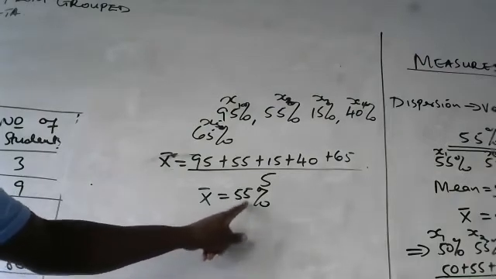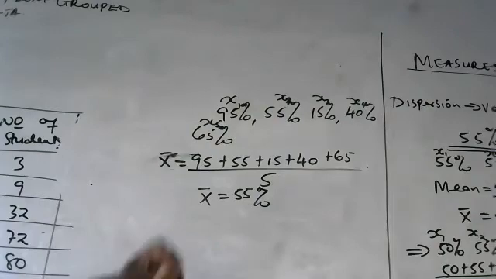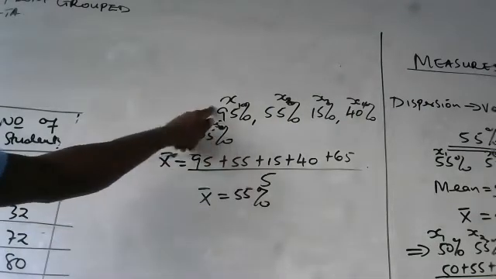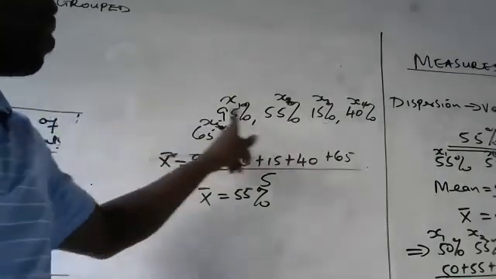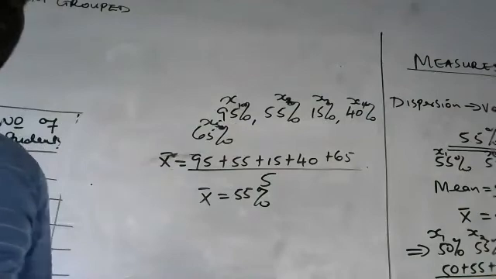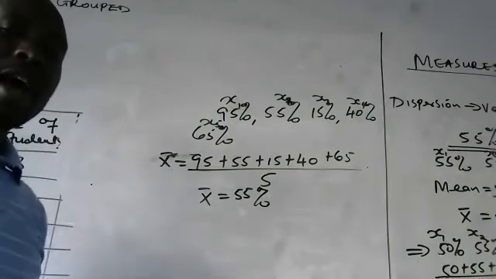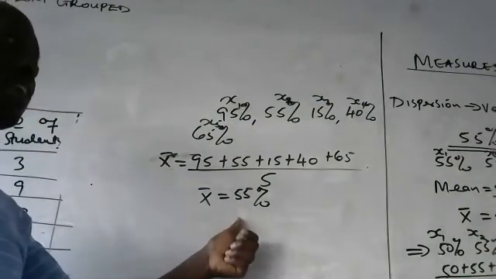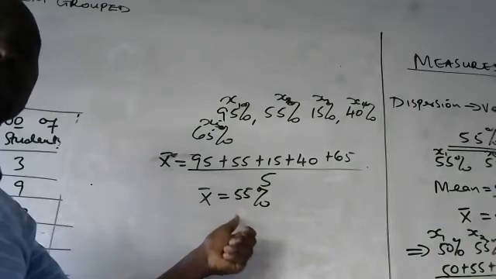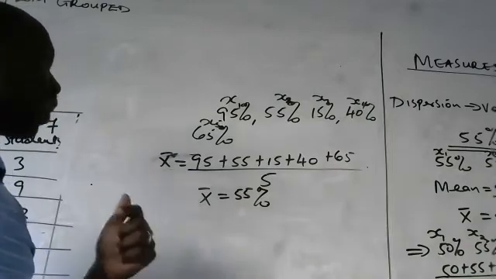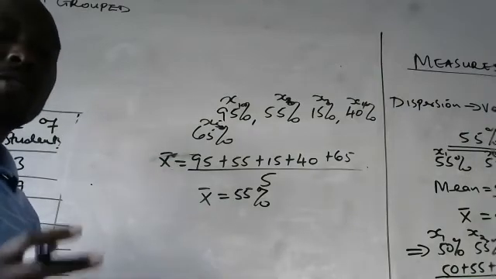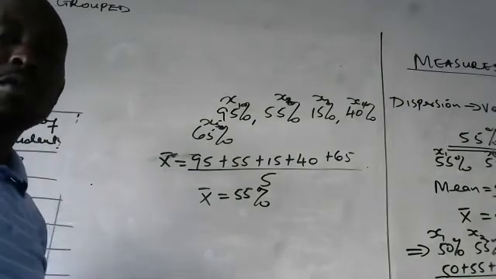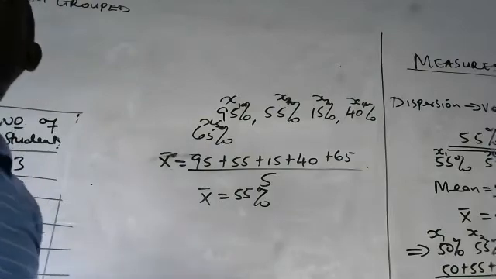You cannot say that the mean is 55 and that this is the general performance of the class when there is somebody with 95 and there is somebody with 15%. These people are very far away from the mean, and actually they are not represented here. So this mean is not giving us the correct picture of the way things are on the ground. On the ground, things are different.